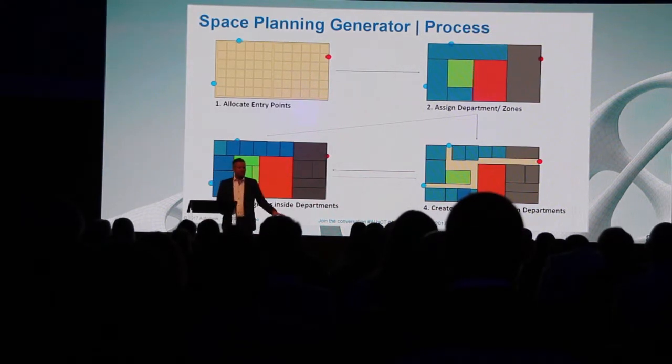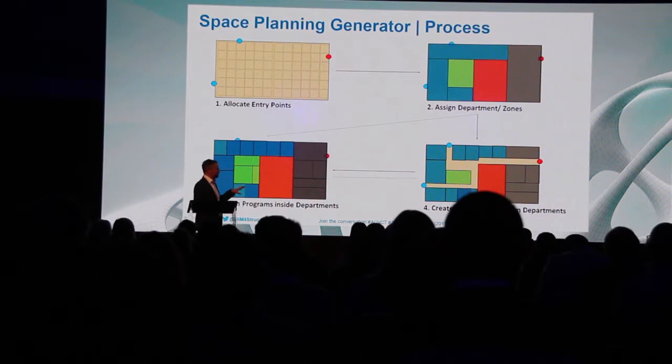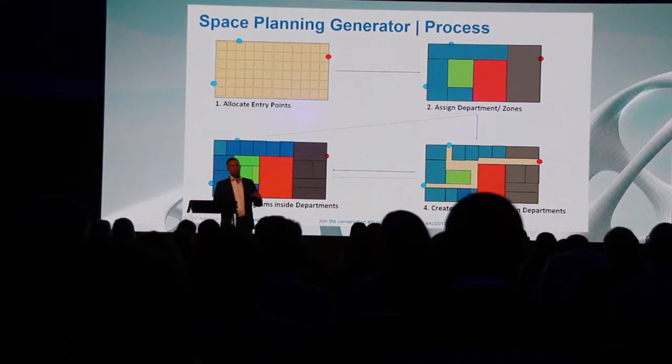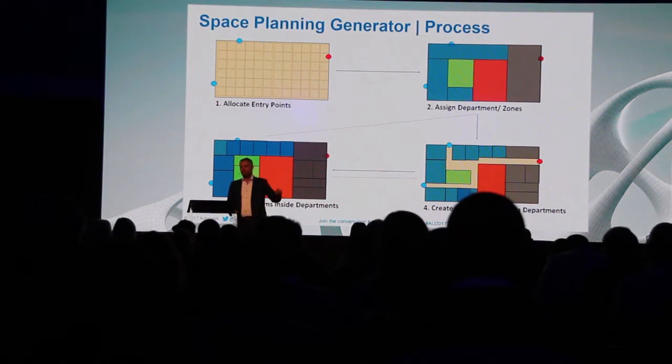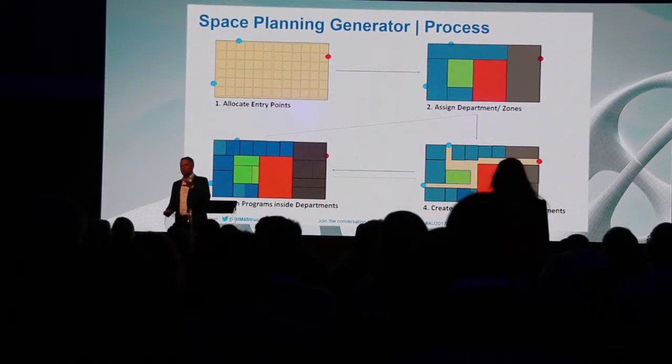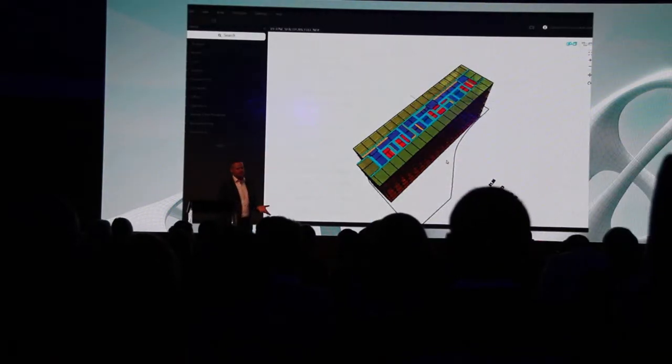The third step is where they assign the programs inside specific departments. So each department also has its own requirements. And then the last one is where you create the circulation between the departments. So department assignment, requirements within and between all the several departments. That's the whole process that is used in here.